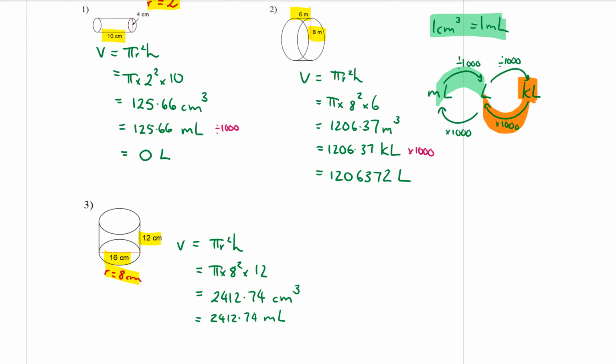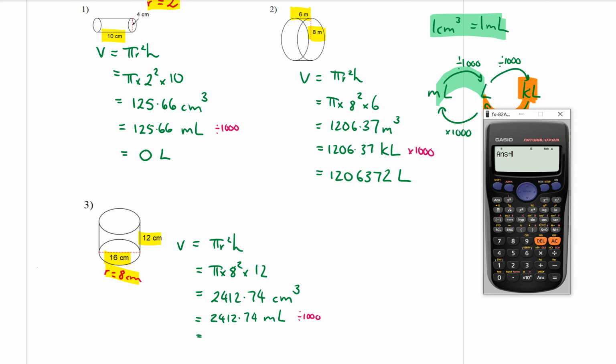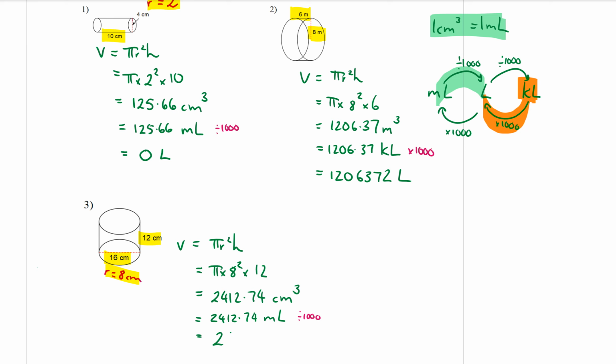Then to get from millilitres to litres, the same green highlighting here from before, we divide by 1000. So using the number that's still in the calculator, divide it by 1000. And we want that to the nearest litre. So that 0.4 we want to round off. Because it's less than 5, it will round down, and that would simply be 2 litres that would fit in that cylinder.